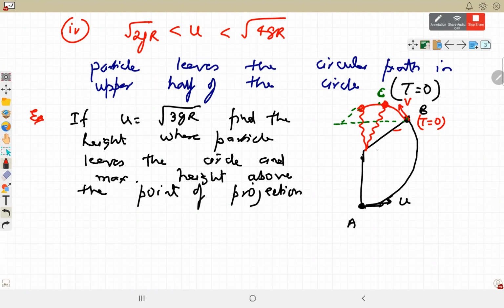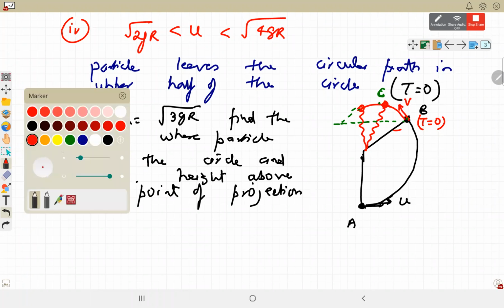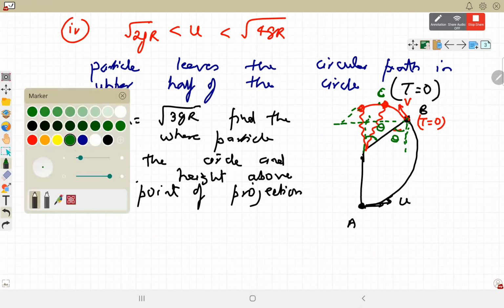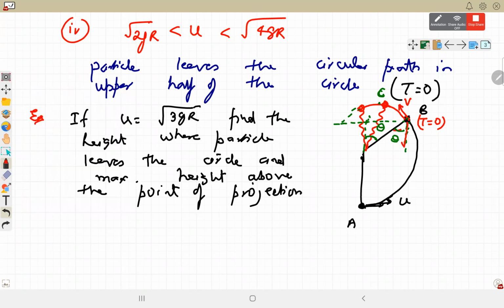So let's say it leaves at an angle theta from vertical, so this will also become theta. At point B, since the particle is leaving the circle, tension is not available there. Tension becomes 0 as the string becomes slack.